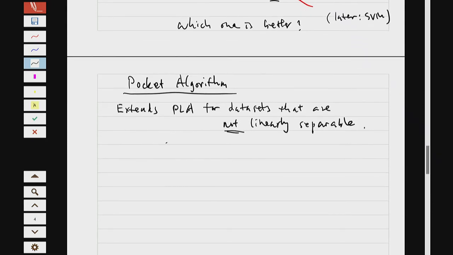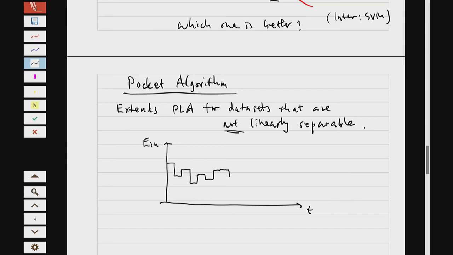So in that case, if you look at E_in over time, T is the iteration, the PLA might give you something that looks like this. One step you improve and sometimes you don't improve. If it's separable, then overall, at the end, you are confident that it goes to 0.